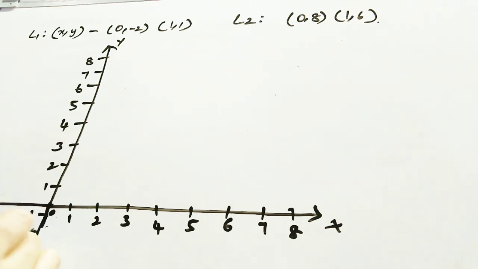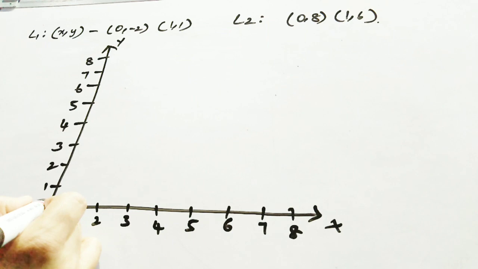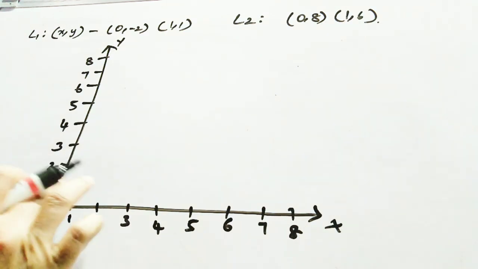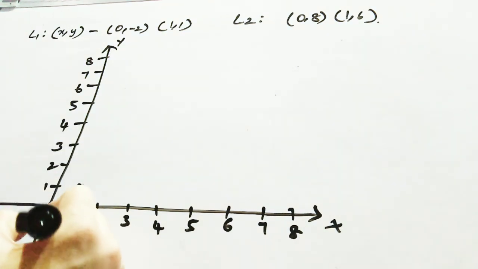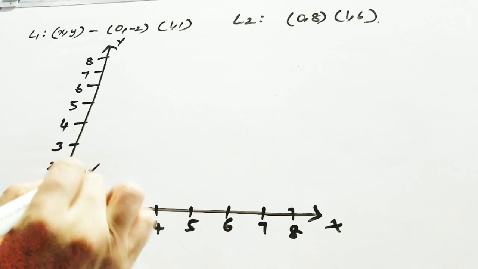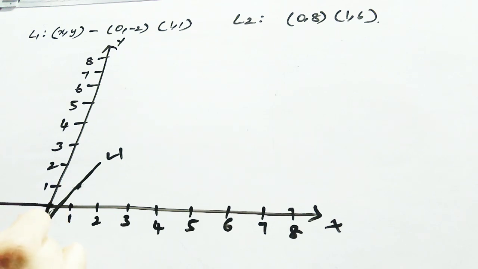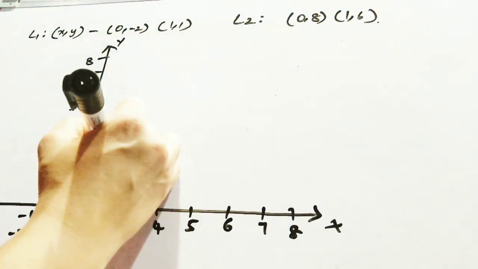It's minus 2 on y. If x is 0, y is minus 2, point it. If x is 1, y is 1. Just join the two dots and you get L1.